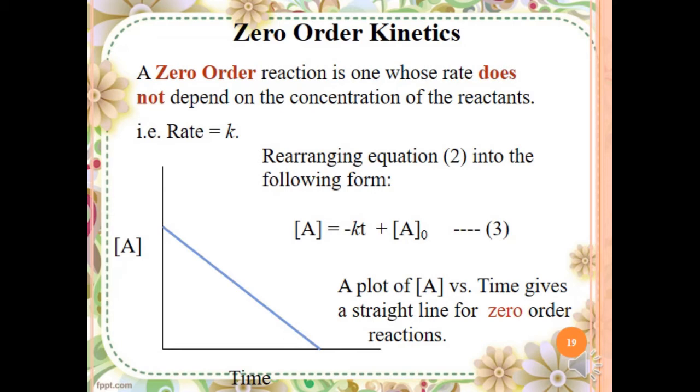Again, we rearrange equation 2, [A]0 minus [A]t equals kt, and we get equation 3 here.